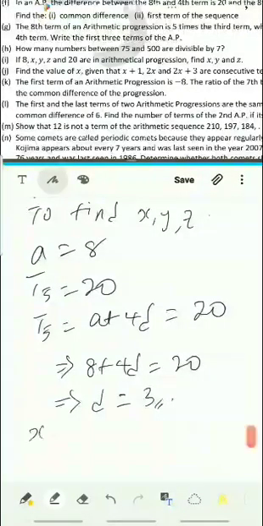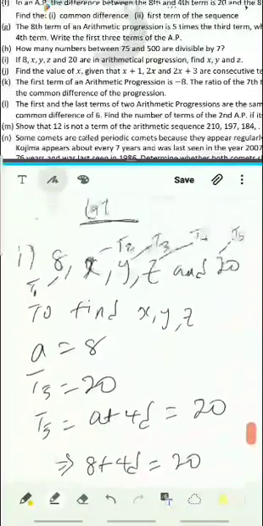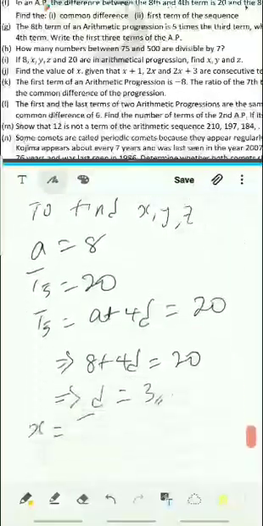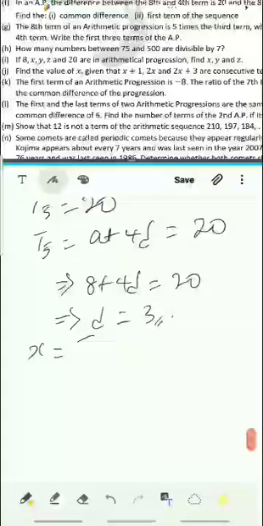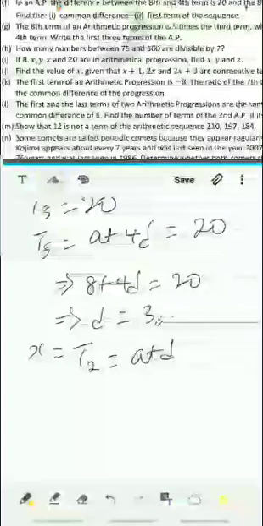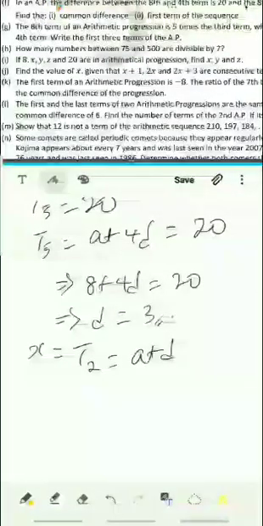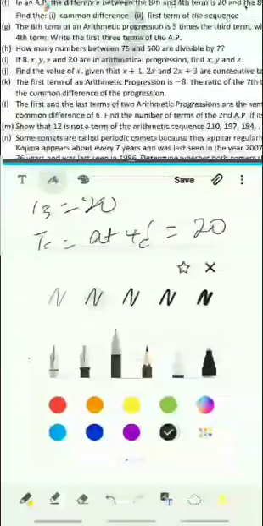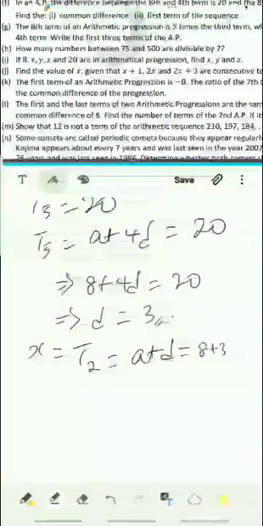So now to find x. You know x is the T2, y is T3 and z is T4. So x, T2, that's what? A plus D, or A plus 1D, 1 less than the term number. 8 plus 3, giving you 11.